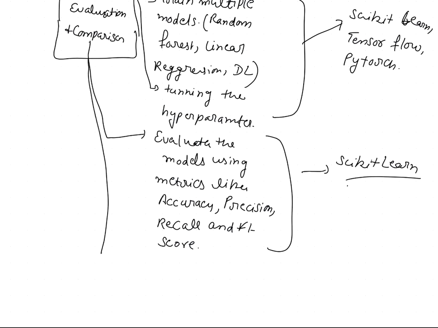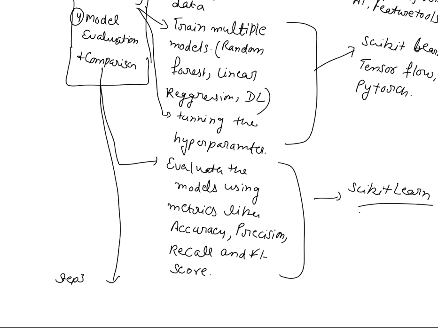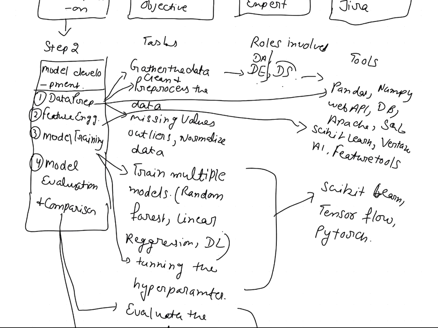This is your step 3. Here I have already told you who is involved: the data scientist is going to perform model building, model evaluation and comparison, and the data analyst and data engineer are going to perform the first 2 steps.